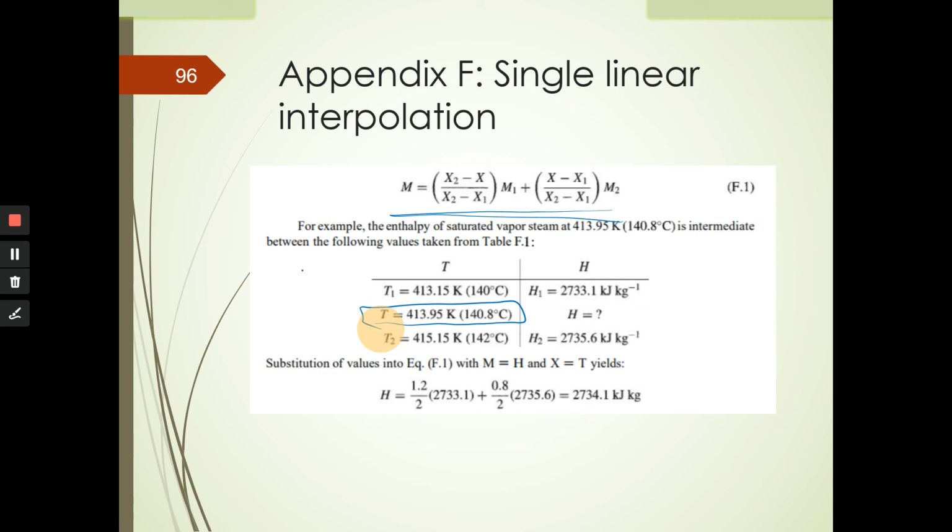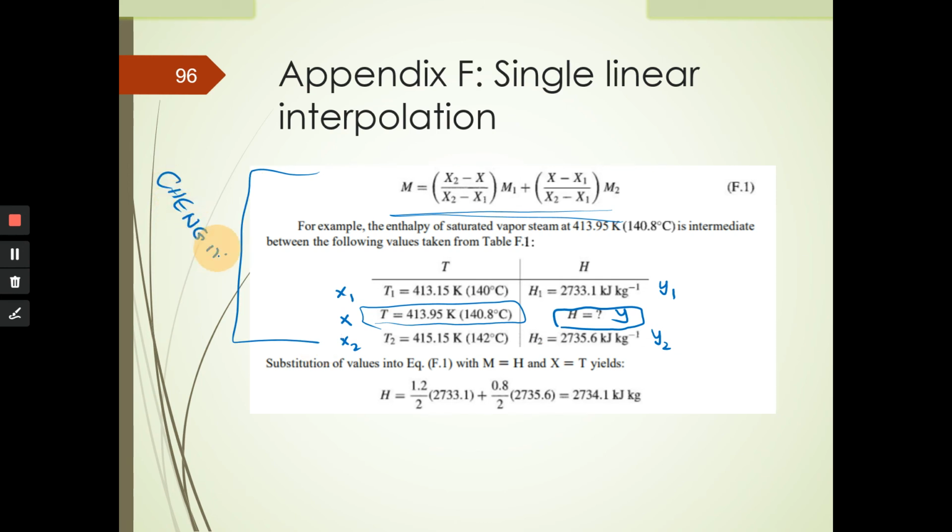In other words, this is my X1, this is my X2, and X is the one that is given. And you need to calculate from Y1 and Y2 here the Y, which is H. Then you have to substitute in this equation, which relates X and Y through that formula. If it is single linear interpolation, you can simply use the Cheng-Triple-1 method.